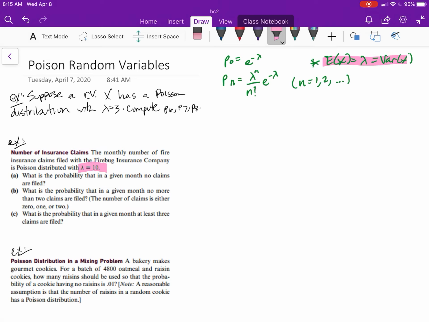Now, one thing to point out with Poisson is there really is no bounds. Like other distributions we've been looking at, many of them had a cutoff, like x had to be between 0 and 10, let's say. It's not likely, but this company could have many, many insurance claims, like thousands. I mean, the whole town burned down.